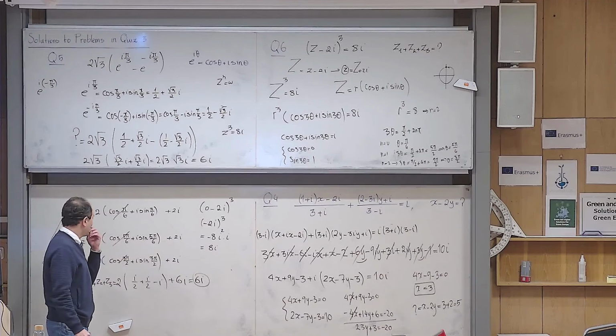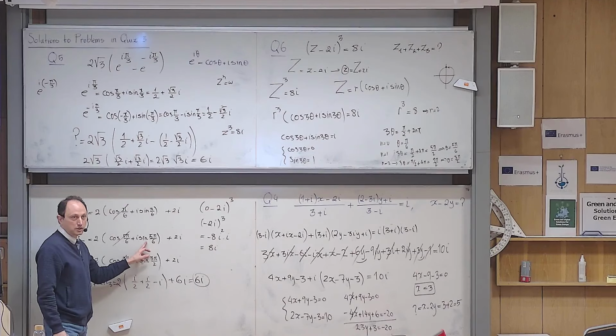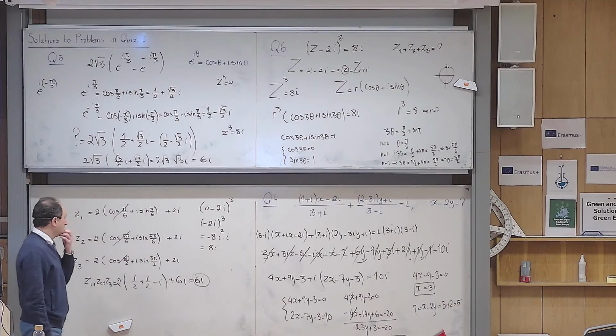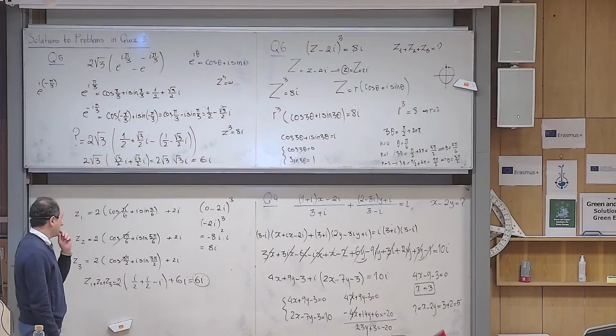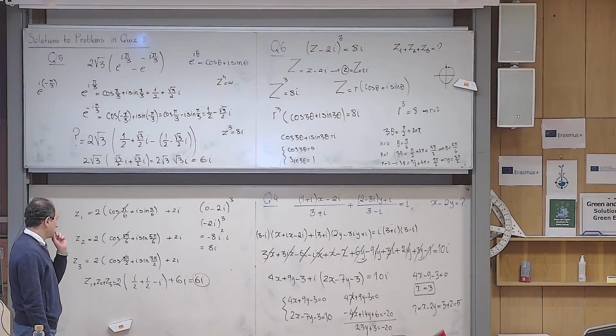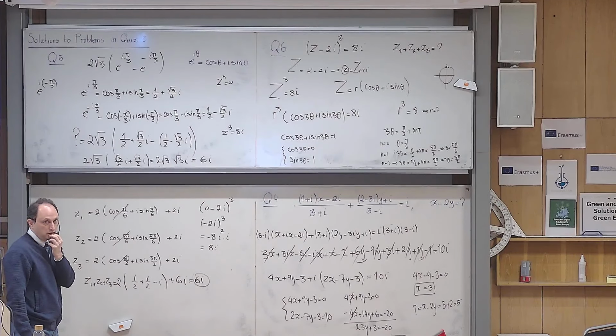Is it 0? Yes, because this is minus a half. No, this is 1/2. That is very strange, because it is positive 1/2 for some strange reason. No, z1, no. z2 makes sense. Which one is it?